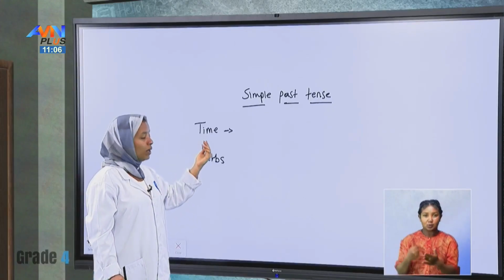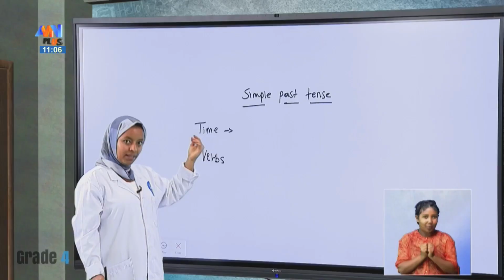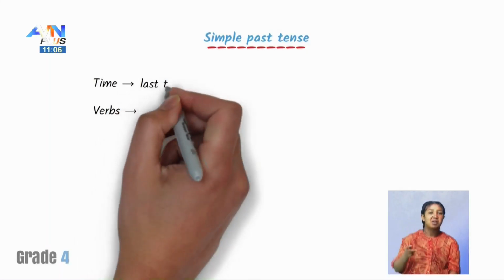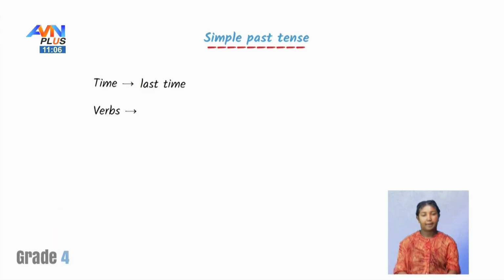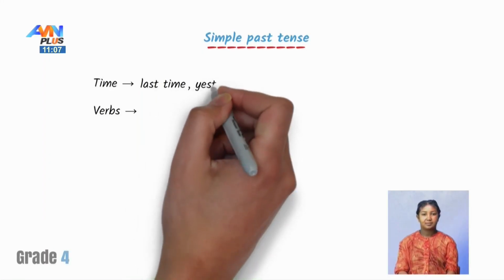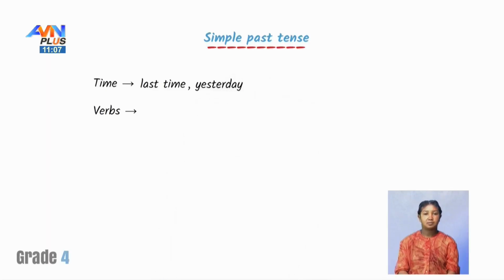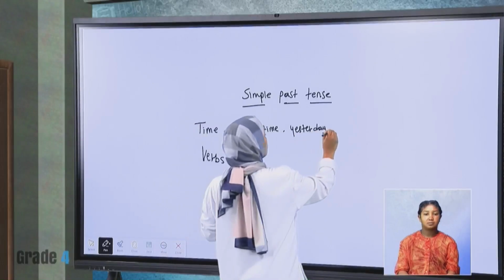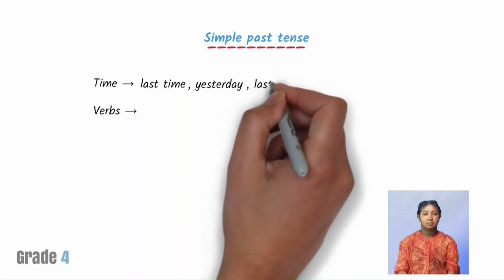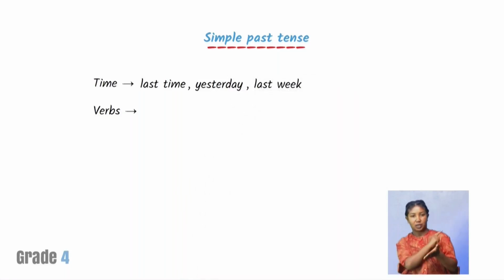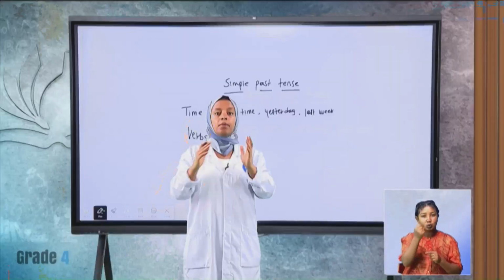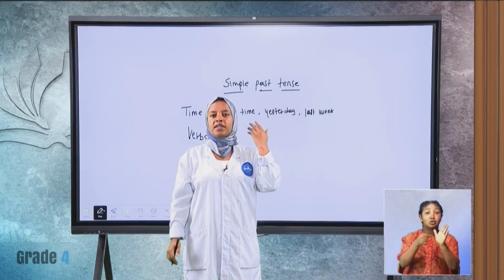So we have keywords that we are going to use, let us say last time, yesterday, and also last week. These are some words that you use in past tense to show previous action.